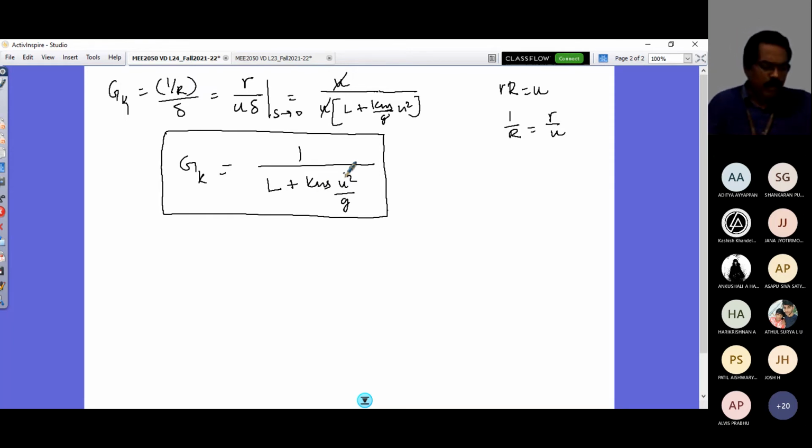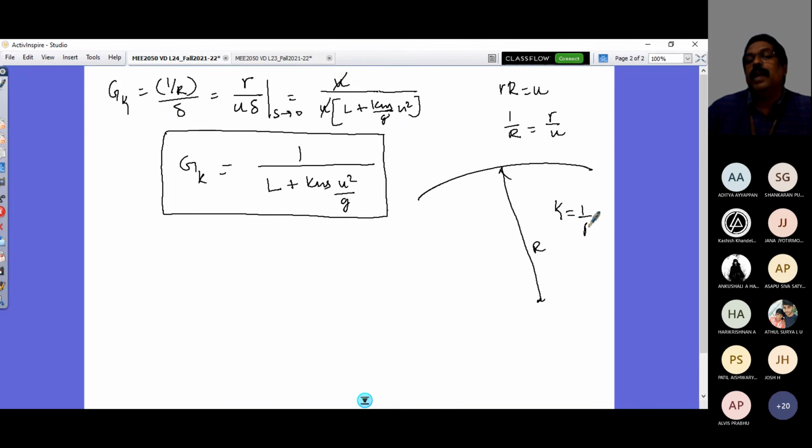Now, how do I plot its variation? That is very interesting. What do you mean by curvature? Let me look at the path. This path is given by R, and curvature kappa is 1 by R. The more the curvature, the less the radius; the more the radius, the less the curvature.